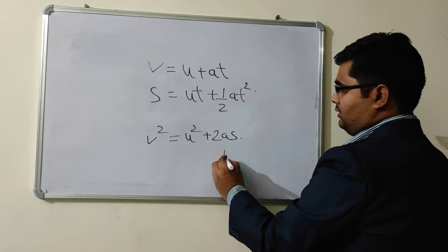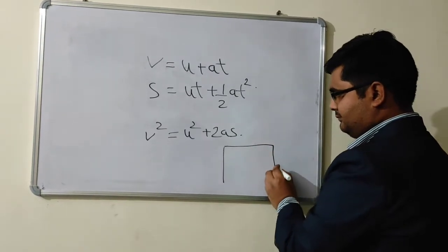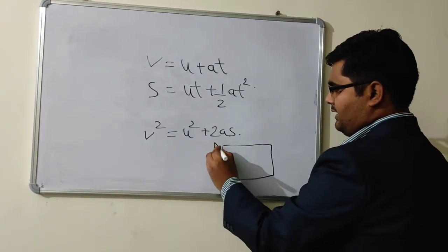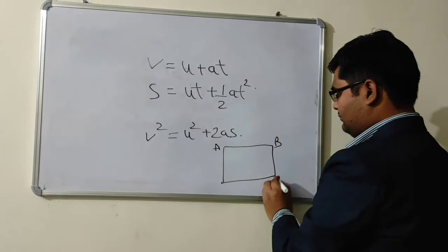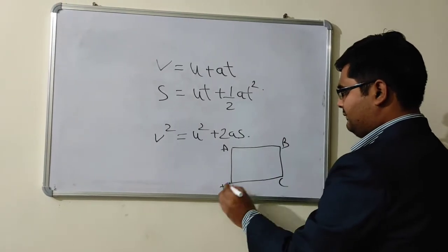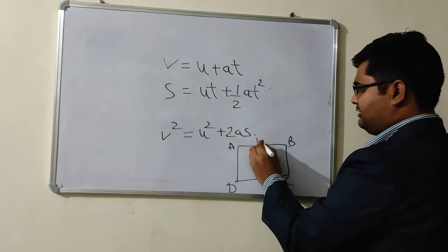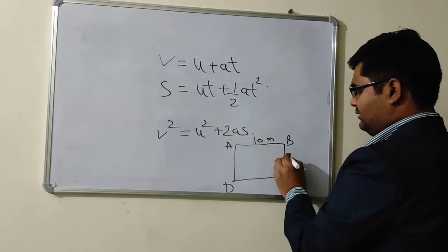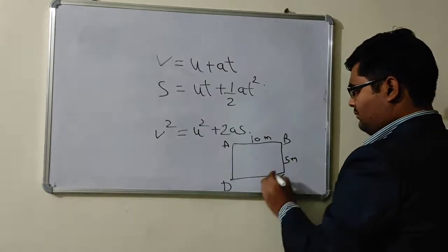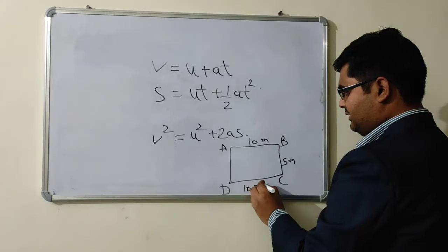Let's suppose it's a rectangle A, B, C, D. Say it is 10 meters, 5 meters, 10 meters, 5 meters.